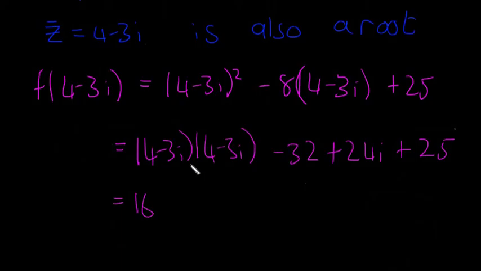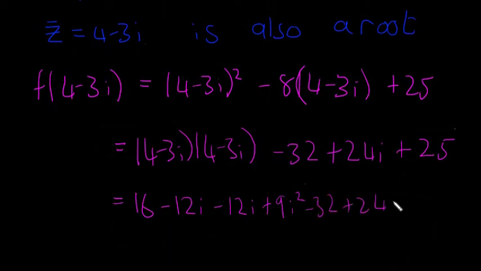Now we just need to work this one out. It's going to be 16 minus 12i minus 12i. First, 4 by 4 is 16, 4 by minus 3i is minus 12i, then minus 3i by 4 is minus 12i, and minus 3i by minus 3i is plus 9i squared. Then all of this here, minus 32 plus 24i plus 25.